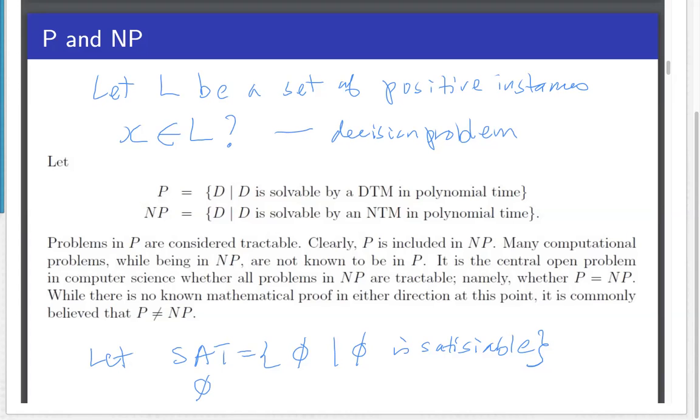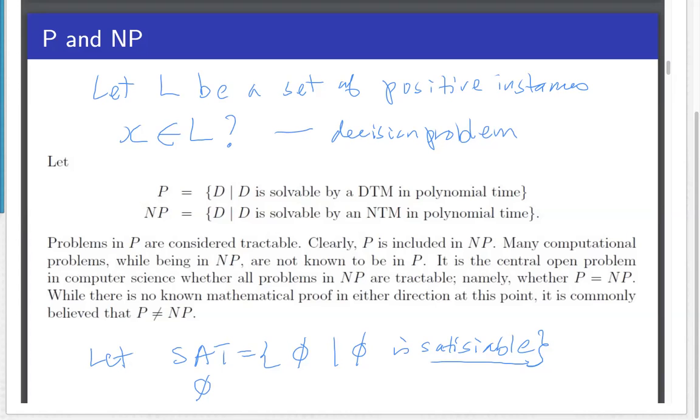I want to know whether phi is satisfiable, meaning whether you can find a truth assignment to the variables contained in phi that evaluates phi to true. That's a decision problem.